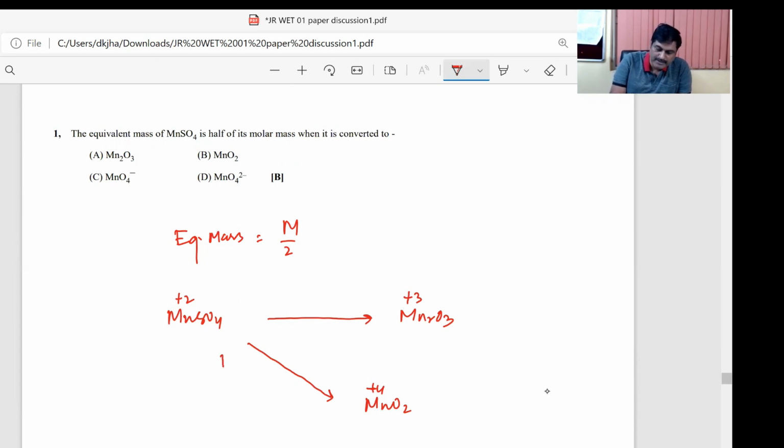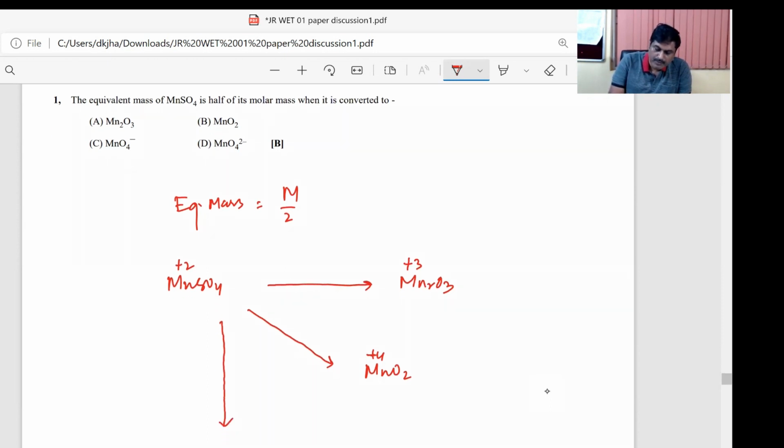But at the same time, let's check the other ones also. Why not? MnO4 minus: 4 into minus 2, that side is minus 1, so 8 minus 1, plus 7. And one more, MnO4 2 minus: x plus 4 into minus 2 is equal to minus 2, 8 minus 2, plus 6.